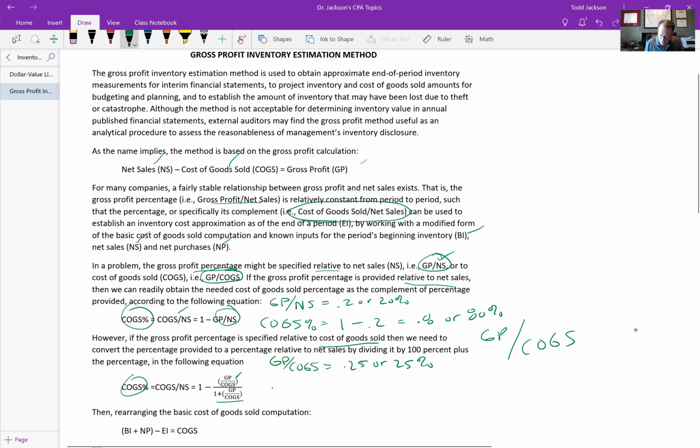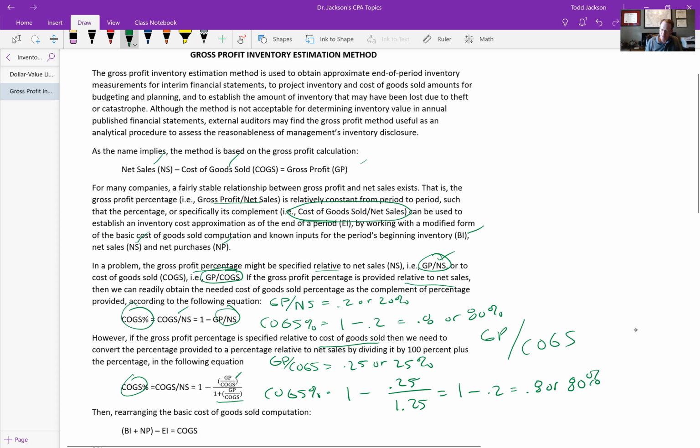Well, if that's the case, we would get our cost of goods sold percentage by taking 1 minus 0.25 over 1 plus 0.25, or 1.25. And we'll see that 0.25 divided by 1.25 is 0.2. So this gives us 1 minus 0.2, or 0.8, or of course 80%.